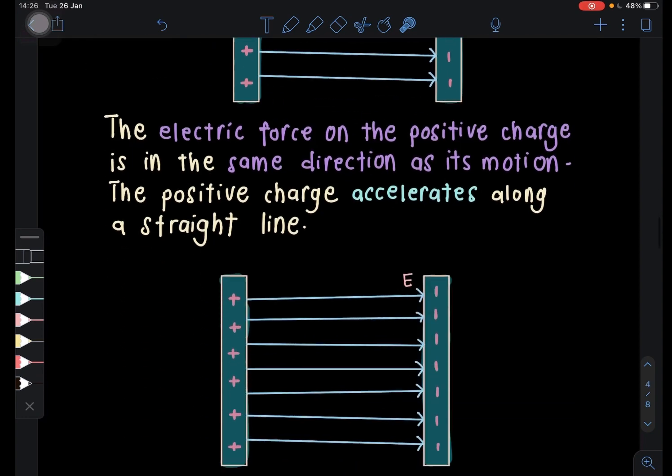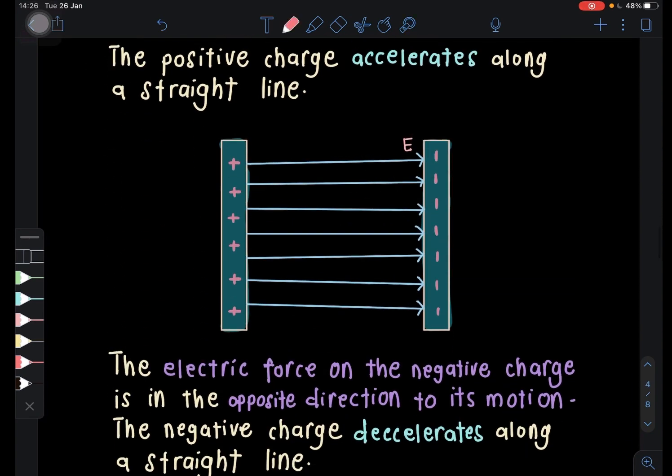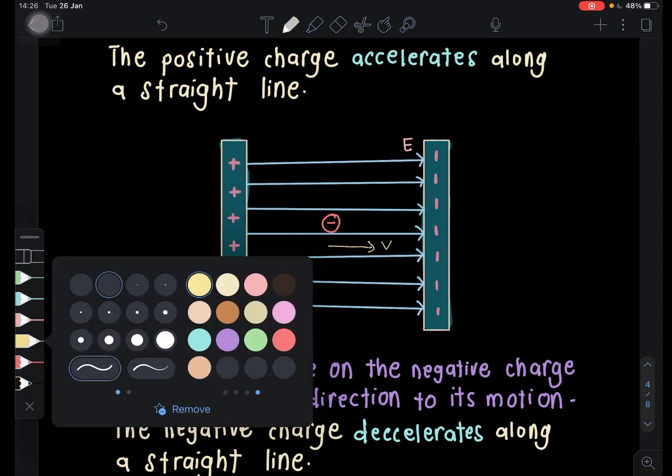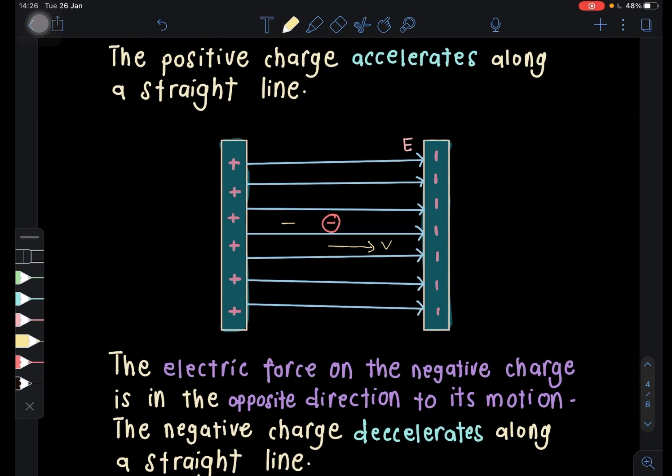Okay, so what happens when we put a negative charge here? When we put a negative charge and the motion is still parallel to the field, the motion is the same as the electric field. The negative charge will be attracted to the positive plate.